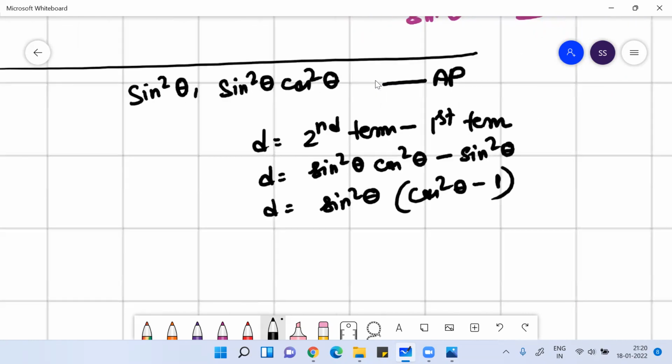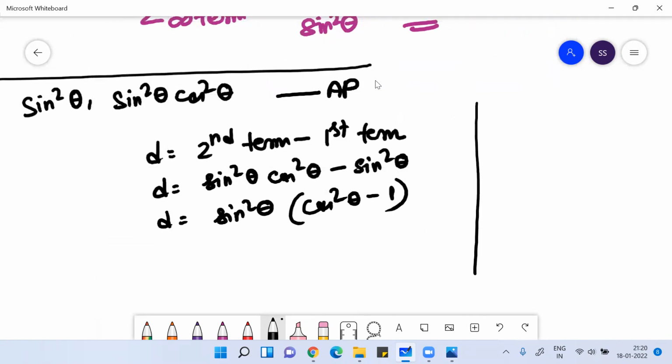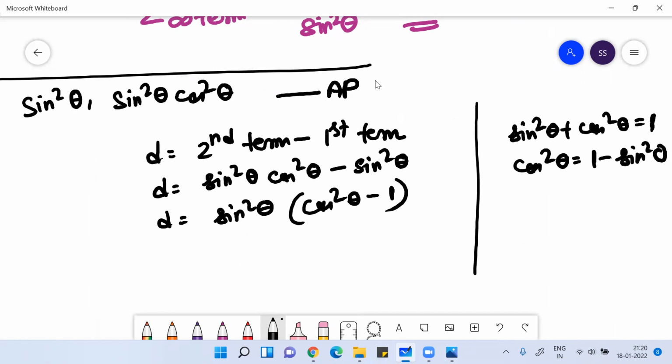You should know that sine square theta plus cos square theta is equal to 1, right? So in place of cos square theta, I can write 1 minus sine square theta.